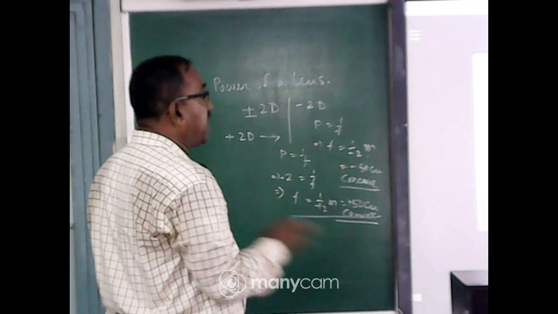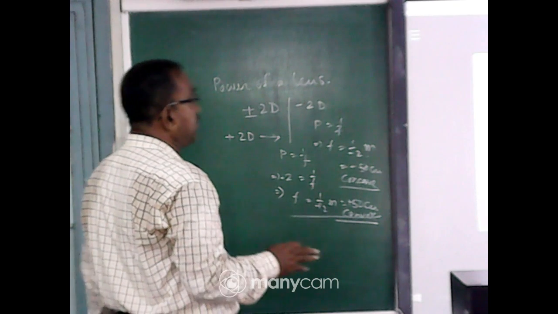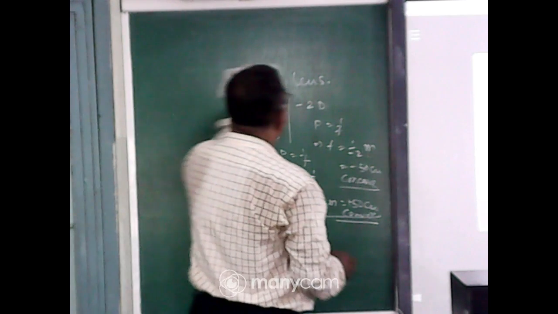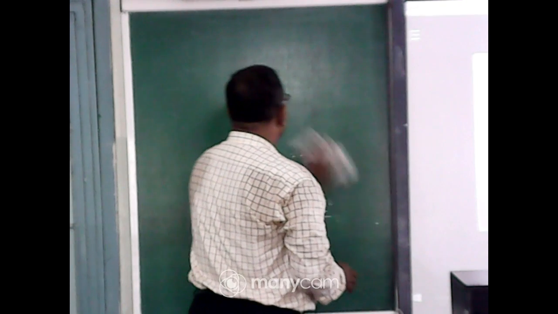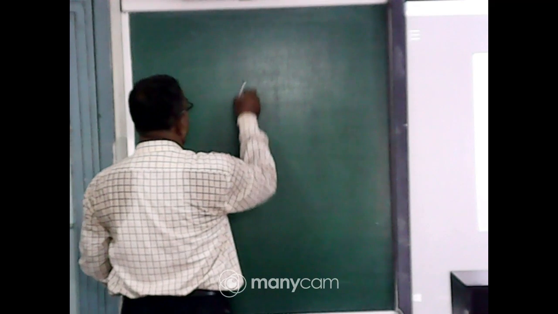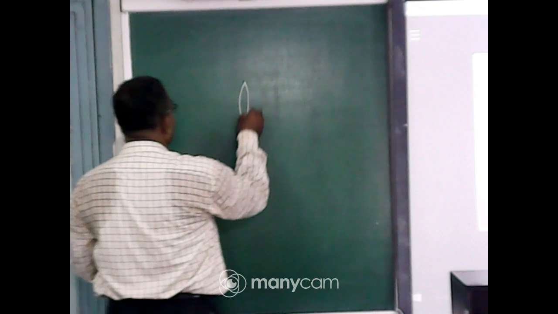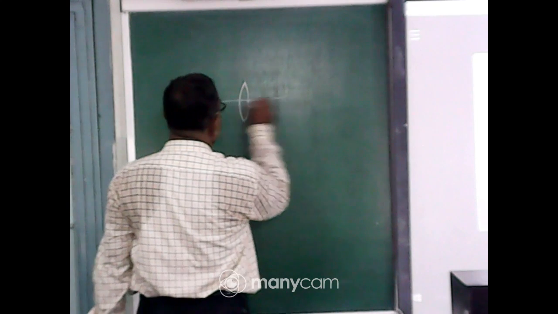You know the ray diagram for the concave and convex lens. So my dear student, you always try to draw the concave and convex lens for the image formation, both the lenses. Suppose you consider this one diagram, you know it.